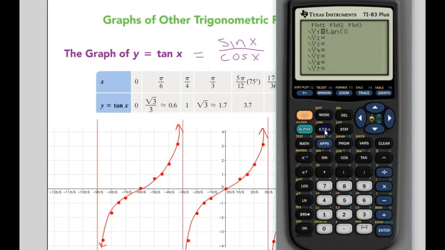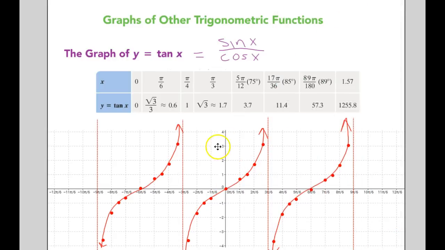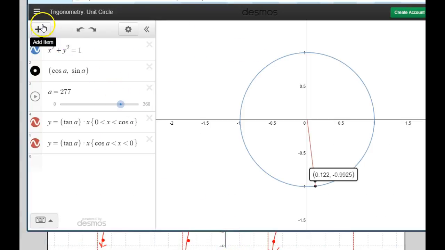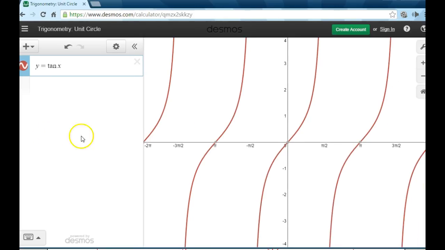So if you did y equals tangent x and did your zoom trig, you're going to see they actually draw the vertical asymptotes in there instead of them not being there, which they're technically not there. So I would recommend for tangent, secant, cosecant, all these other ones that we're going to talk about today, to use Desmos, because it will just look better.